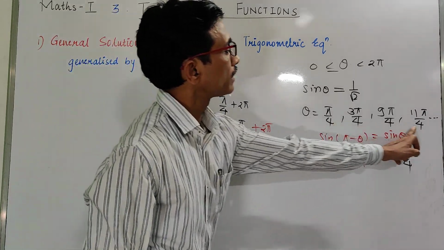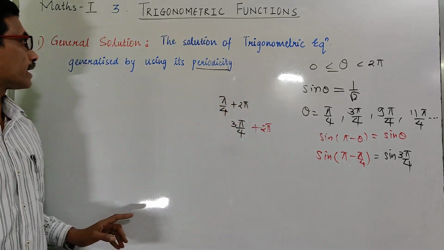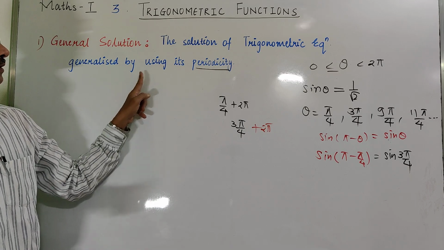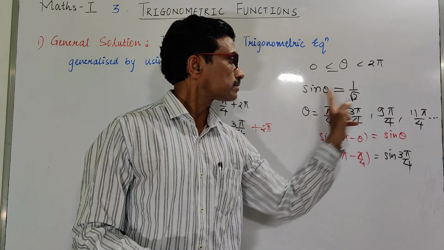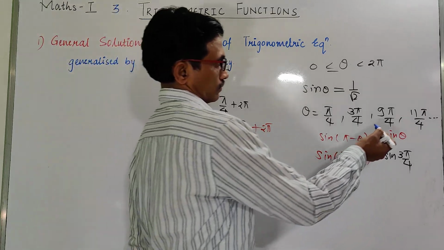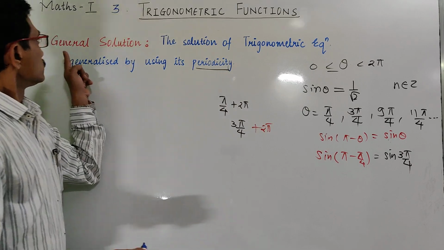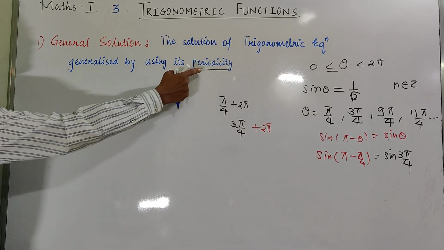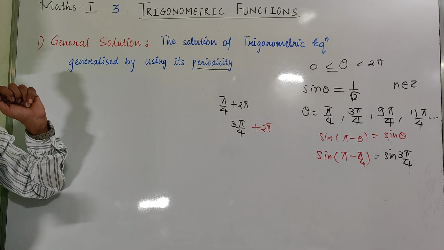So we are getting an infinite number of solutions of this trigonometric equation. These can be written by using an integer n, where n belongs to the integers. So the general solution is the solution of a trigonometric equation generalized by using periodicity.